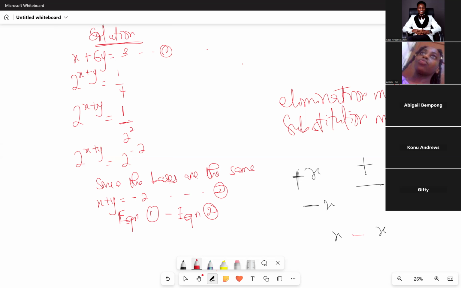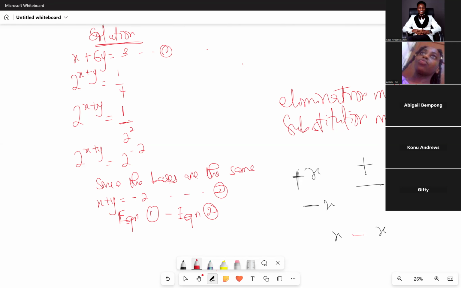So normally, we will not even write equation 1 minus, we will not do that step yet. We'll think of a number we should use to multiply the variable you are targeting for it to be the same as one of the equation. So if you have to multiply by 2, don't multiply just the y by 2. Multiply everyone by 2.